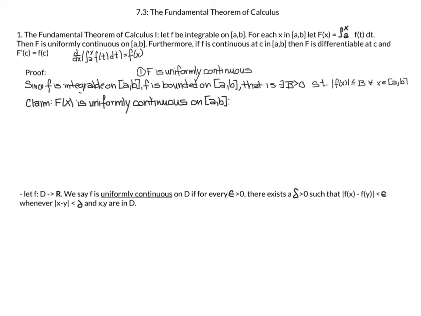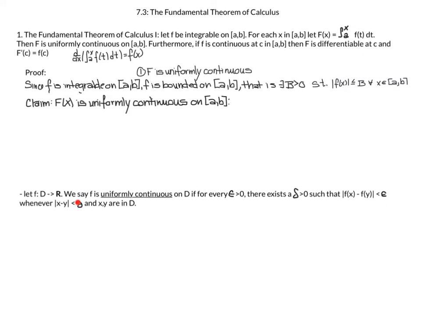My claim now is that capital F of x is uniformly continuous on the closed interval [a, b]. I'm just going to remind you what it is to be uniformly continuous. A function is uniformly continuous if for every epsilon greater than 0 there exists a delta greater than 0 such that the distance between f of x and f of y is less than epsilon whenever the distance between x and y is less than delta.